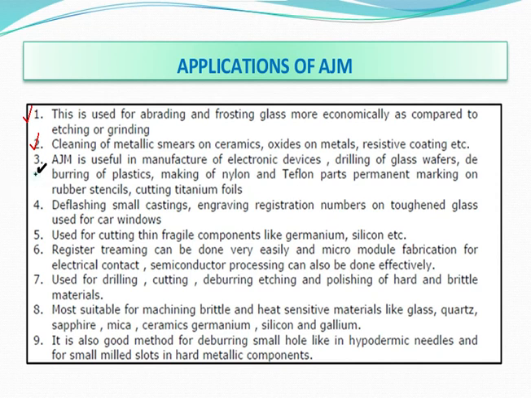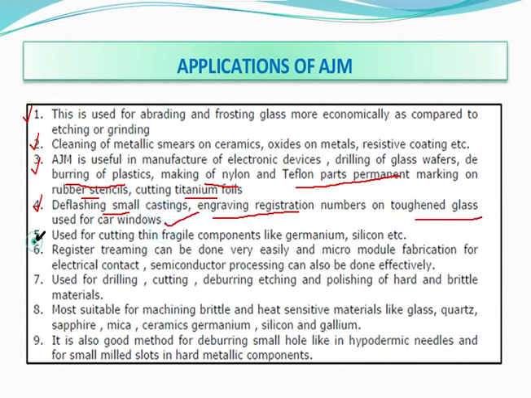Thirdly, AJM is useful in manufacture of electronic devices, drilling of glass wafers, deburring of plastic, making of nylon, Teflon parts, permanent marking on rubbers, and cutting titanium foils. Next is deflashing small castings, engraving resistance numbers on toughened glass used for car windows.